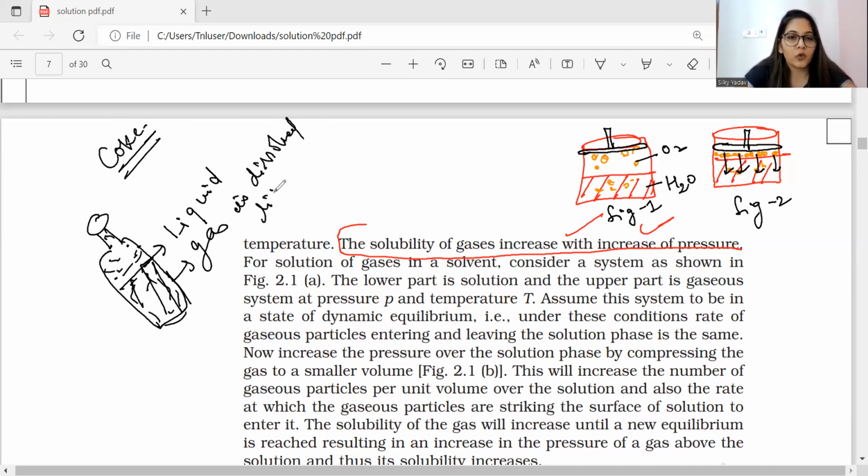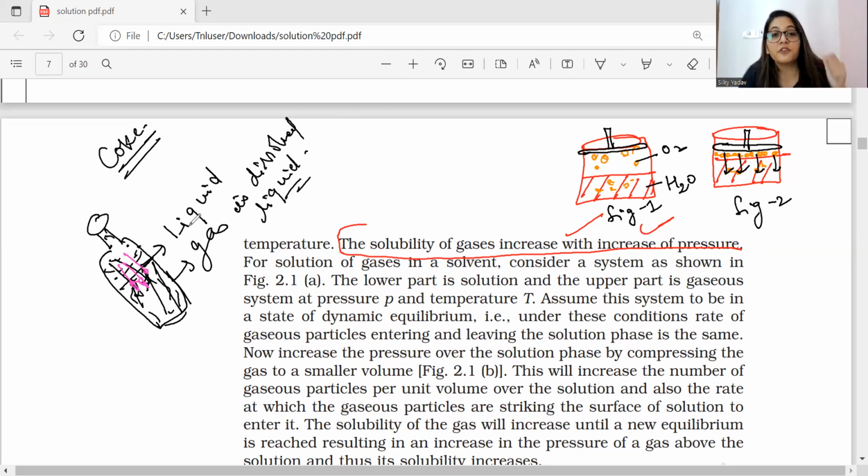This Coke bottle is closed at a very high pressure. So if you close this Coke bottle at a high pressure, that means we are pressurizing this gas from the top side to get dissolved in the liquid. But as you open the Coke bottle, you're opening the top of it. That means you're allowing the gas which is present there, in the liquid and also inside the container, to escape out.